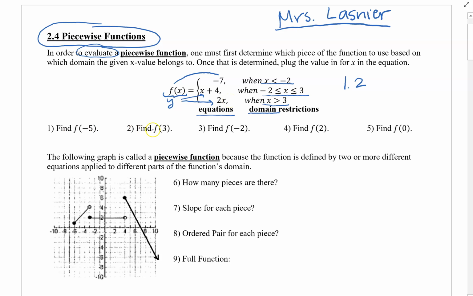So just as a quick review, let's evaluate this function at different x's. In number 1 here we have an x value of -5, which, as a review, means that when the number's in the parentheses, that's the x value, and we're trying to find the y value. With a piecewise function, you have to figure out which domain restriction it belongs to.